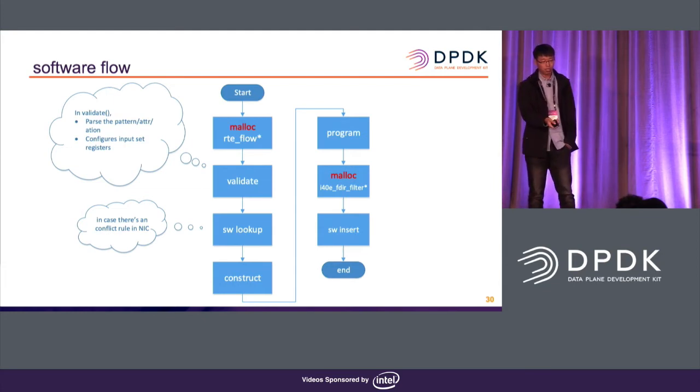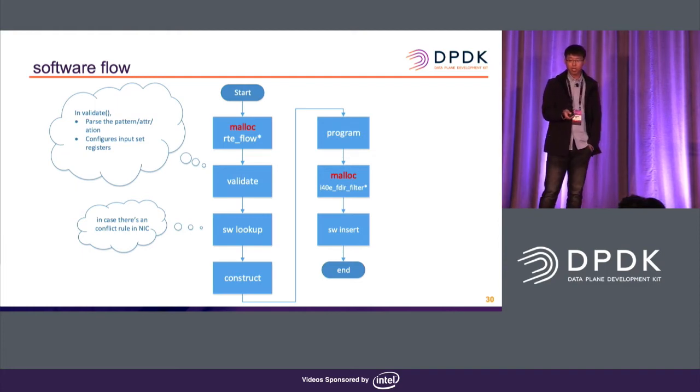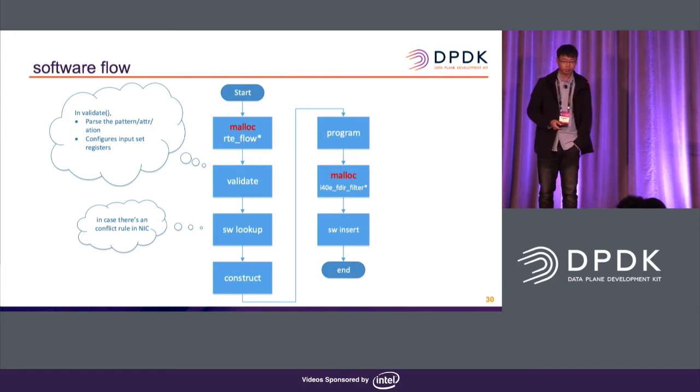Then construct the packet and send it to the NIC. At last, the software will malloc a piece of memory to store the flow information, which includes the input set, the attribute, and the action, and insert it into the linked list.